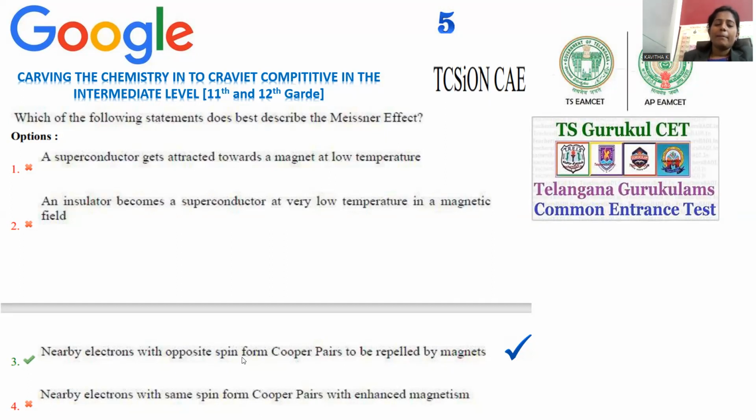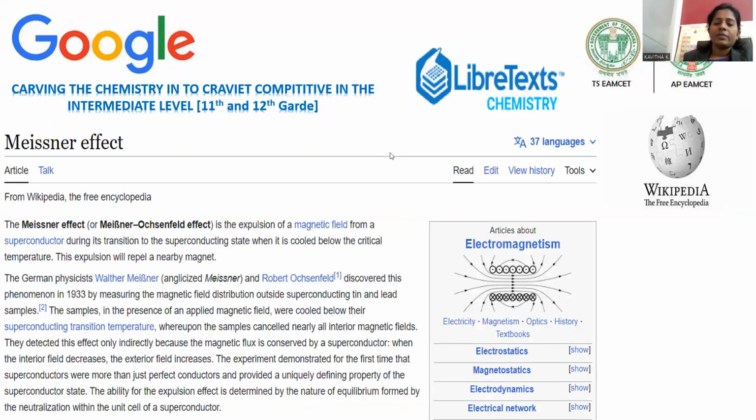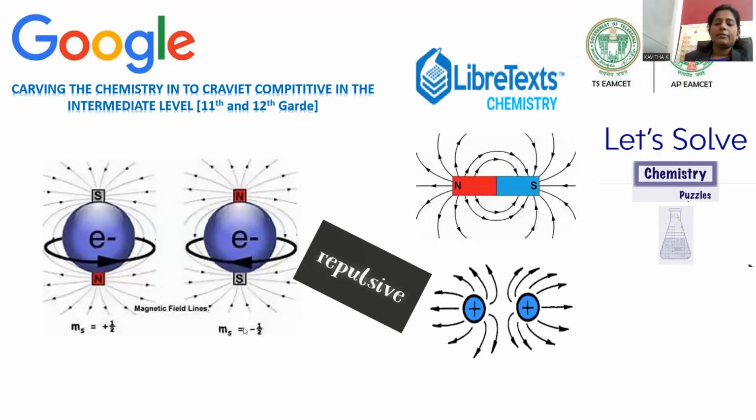One is clockwise spin, the other is anti-clockwise spin. With this opposite spin of electrons, if they are near the magnetic field, obviously they get repelled. When the magnet is in contact with the paired electrons with opposite spins, there will be repulsions you can notice. This is said to be the Meissner effect. That Meissner effect is clearly described there.